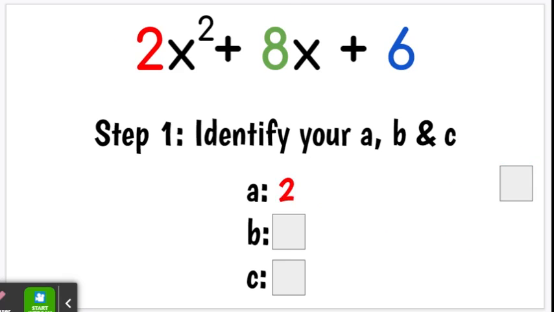Your B is the coefficient to the x, or the coefficient to your middle term, which is going to be 8. And your C is the constant, it's the last piece you see, which is going to be 6. Those are your A, your B, and your C.